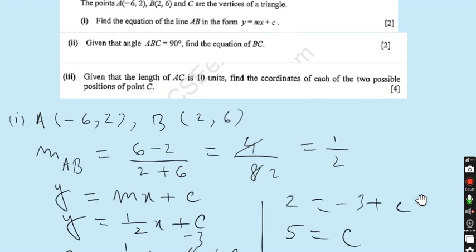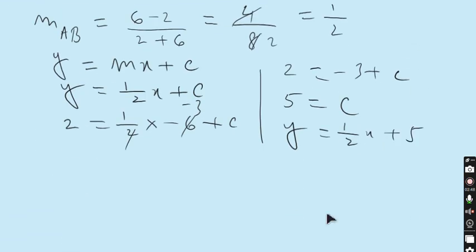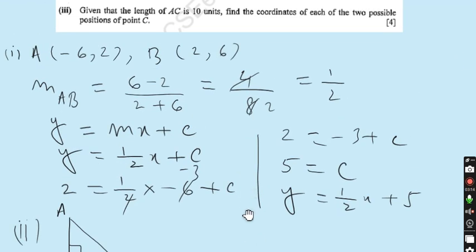Now see part 2. Given that angle ABC is 90 degrees, find the equation of BC. Very easy. According to the question, this is A, this is B and this is C, and B is the right angle.